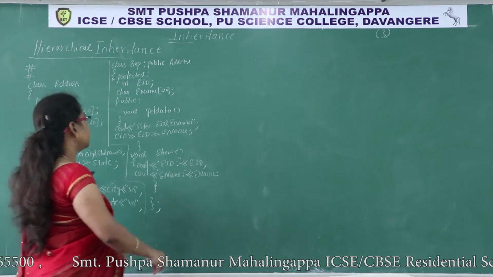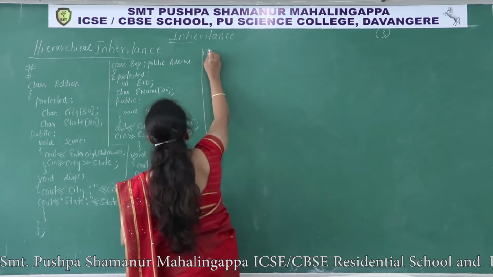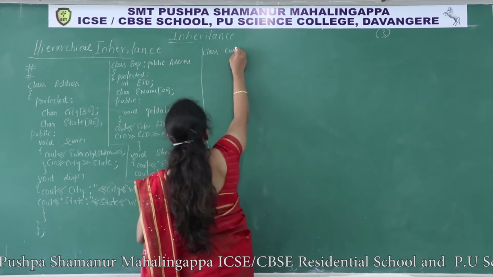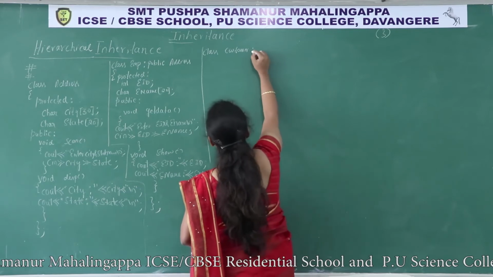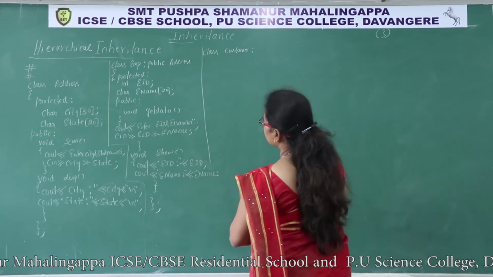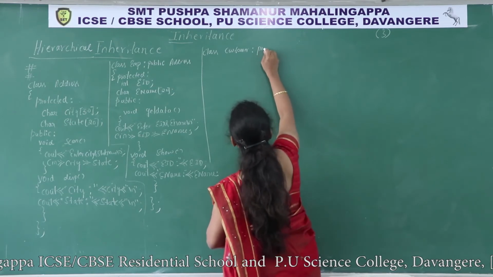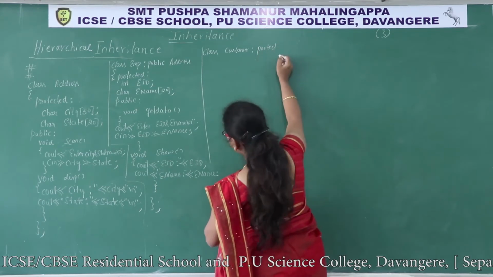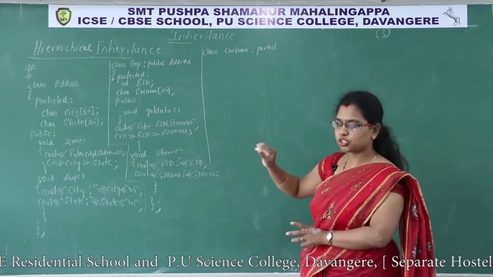Class close. Another class customer, class customer colon. Now I will inherit this class in protected mode of inheritance. Protected. Before, I inherited both classes in public mode. Now I will change the mode here.